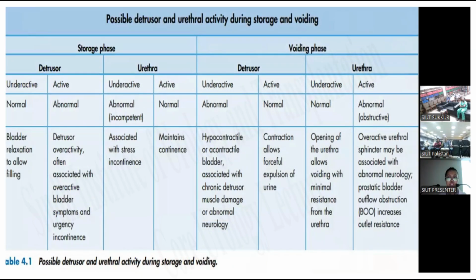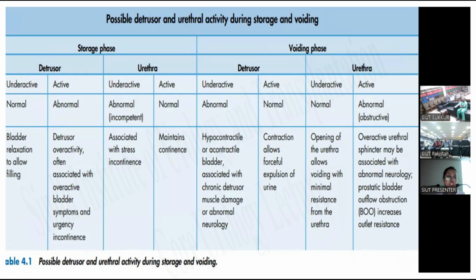This chart is basically a summary of the storage and voiding phase. During the storage phase, what is the normal function of the detrusor and what is the normal activity of the urethra? In normal condition in the storage phase, the detrusor should be underactive. That means it should be relaxed and allow the filling. While the urethra should be in a contracted state to maintain continence.